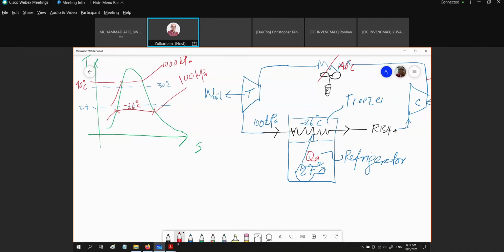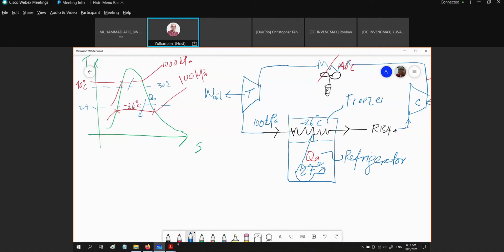So we have a heat transfer right here, whereby we have the heat transfer from the material that we want to cool down, which in this case I give the name QA. And then we have the rejection of heat from this pressure of 1000 kPa, which gives us the T set of 40.